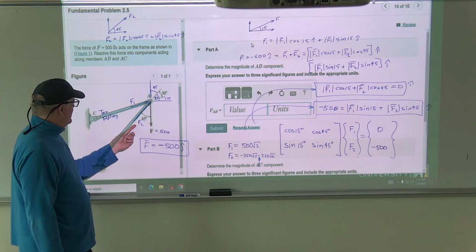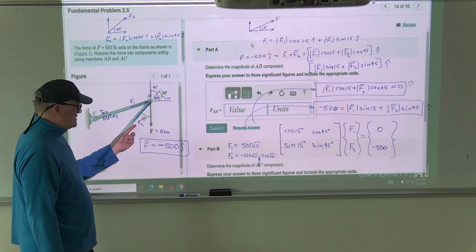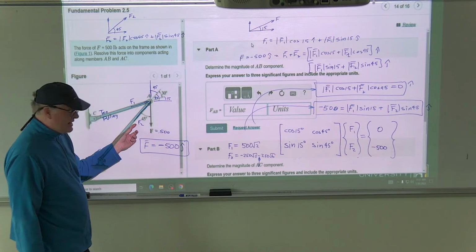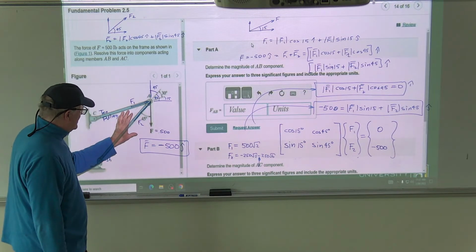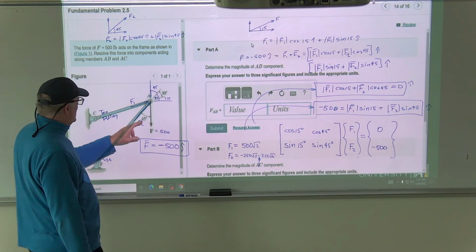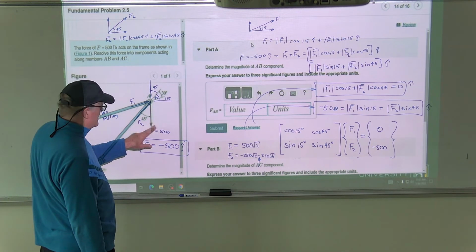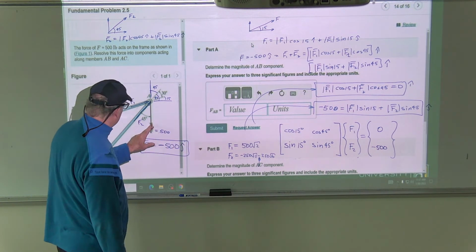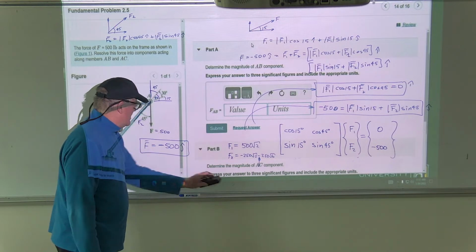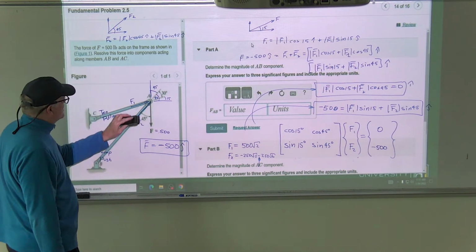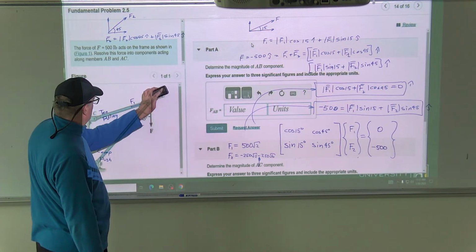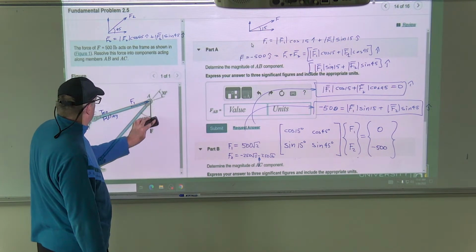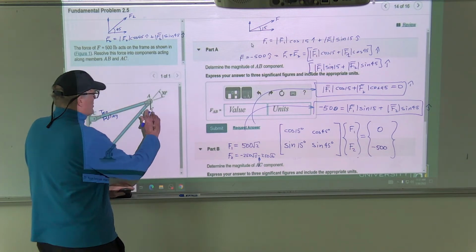Now, here's what I'm going to do. This may take a few minutes for you to comprehend, and we'll do this later. So let's take this thing and break it into its two components on this object right here. On this object, you see this force.